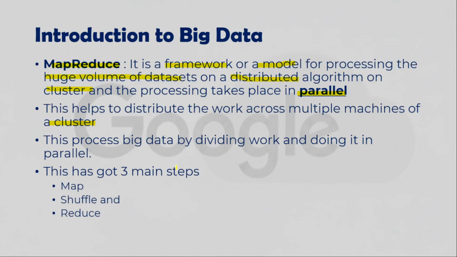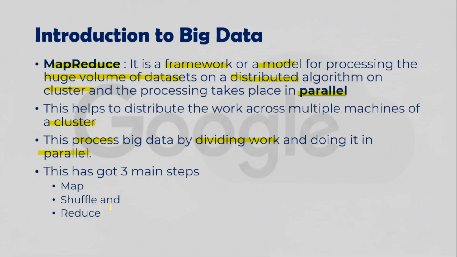The task is divided among the workers, and the workers do their jobs in parallel, and at the end you get the consolidated results. This is a kind of generic template. Most of the time it gets applied to processing huge volumes of data sets, maybe on premise or on Google Cloud. So this processes big data by dividing the work and doing it in parallel, like we said a couple of seconds back.